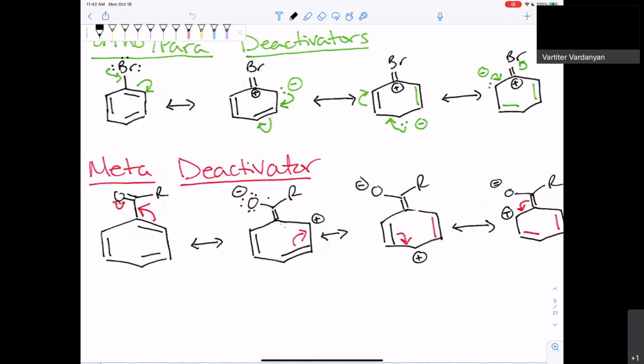They don't like to donate their lone pairs, but theoretically, if we were doing resonance, this is how we would draw it out. So even though this is a withdrawing group, it forms a negative charge on the ortho and the para position, just like OH did, right? So now this is weird because would this direct ortho para or would we direct meta? What do we think? It's the same exact thing. So we would still direct ortho para, right? Even though it's a deactivator.